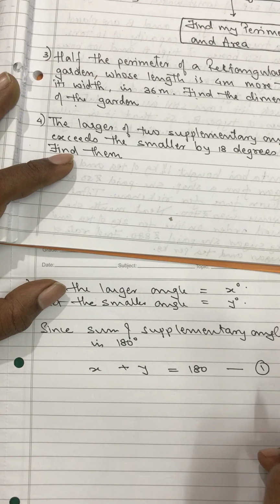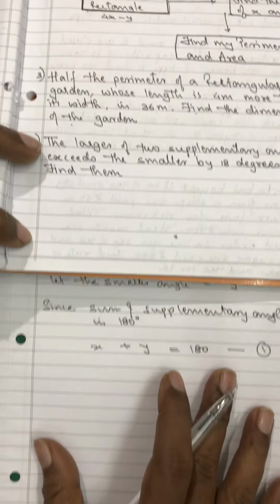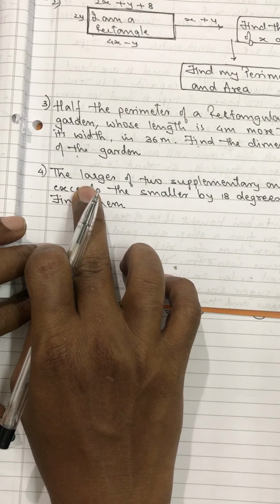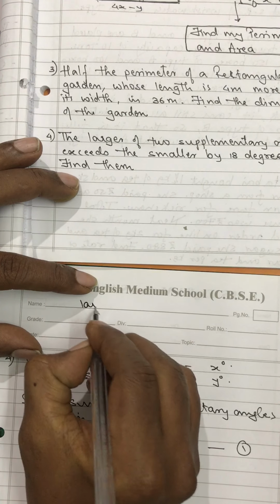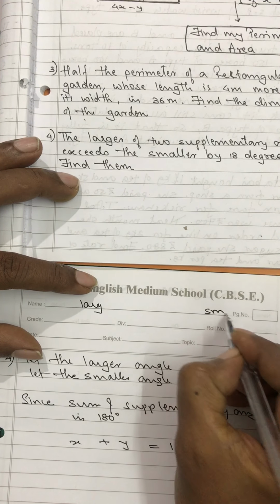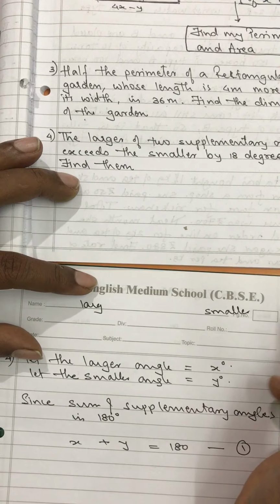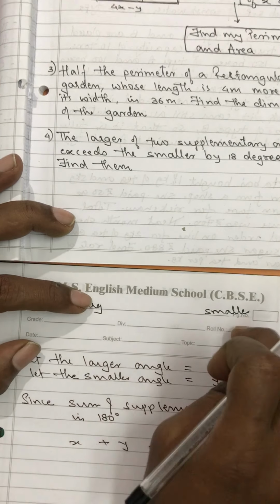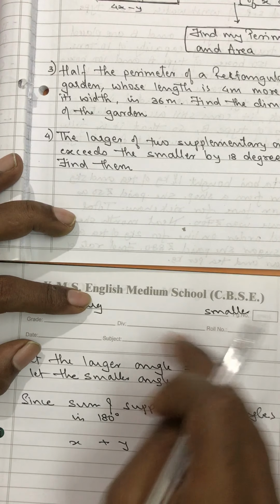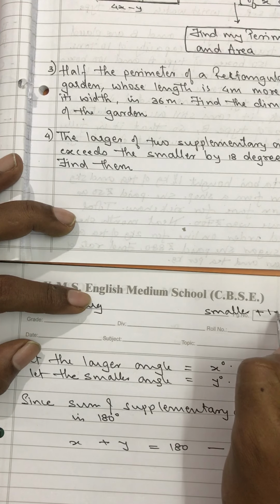This will be your first equation. Then they are telling larger exceeds the smaller by 18 degrees. There is no double smaller, no half of smaller, no thrice the smaller, nothing like that. Plain larger and plain smaller. Larger exceeds the smaller by 18 degrees.